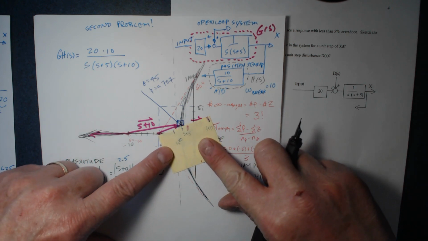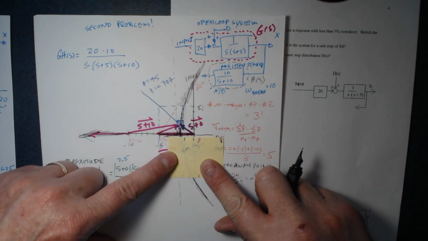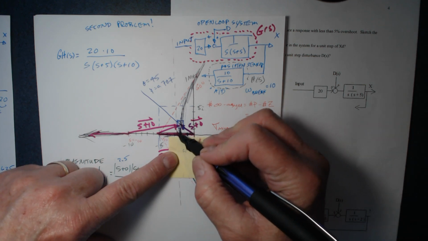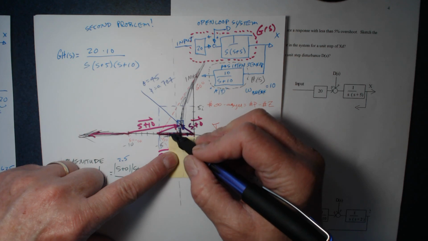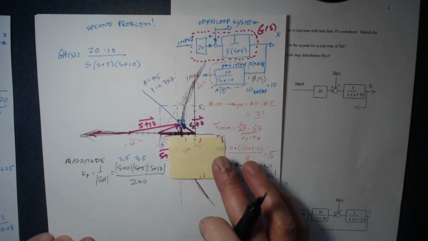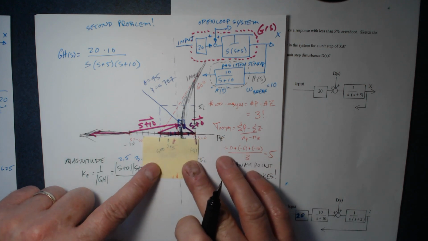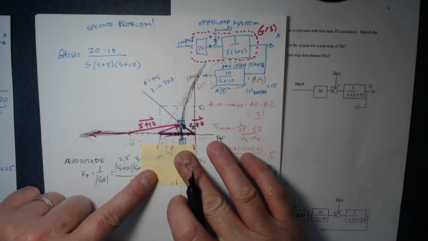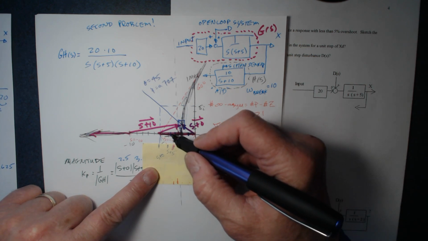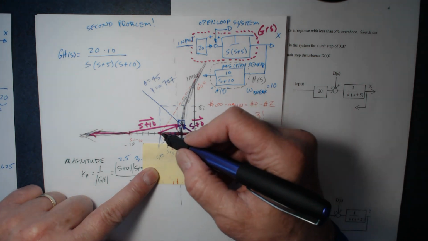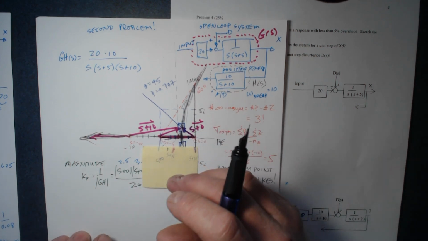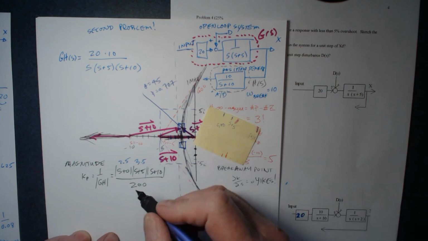Let's see how big is s plus 5. 1, it's hard to see, 2, 3. Okay, I'm going to call that 3.5. How big is s plus 10? 5, 6, 7, 8. I'm going to call it 8.5.